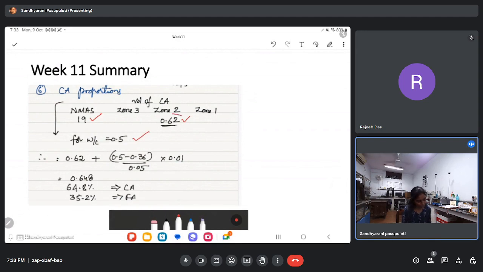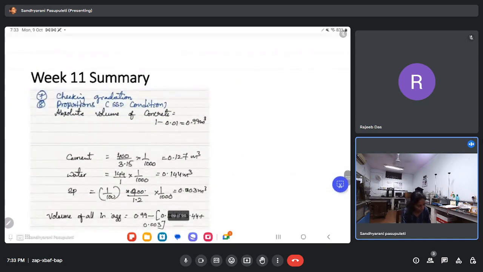So let us choose this value first, 0.62. But we have a different water to cement ratio. How much different? 0.5 minus 0.36. For every 0.05, we have to increase by 0.01. Then we have to multiply this. Thereby, we got coarse aggregate percentage as 64.8 and fine aggregate as 35.2.